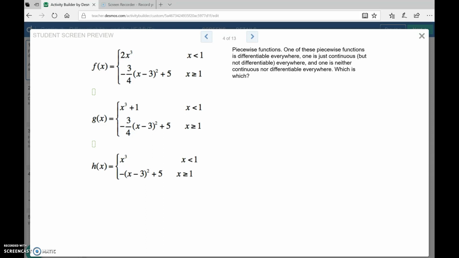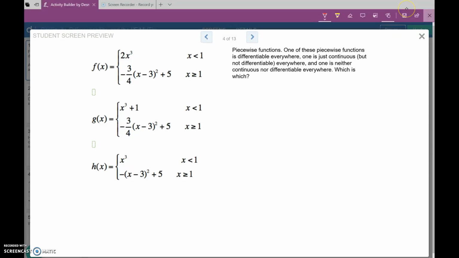I know that 2x cubed is continuous everywhere because it's a polynomial. Same thing for the second piece. That's a parabola. So we know that both these pieces are continuous everywhere.